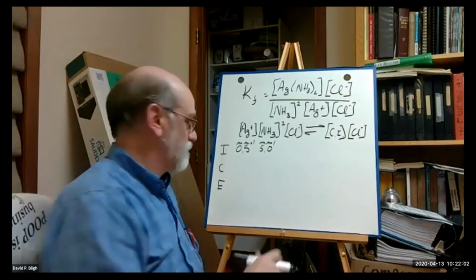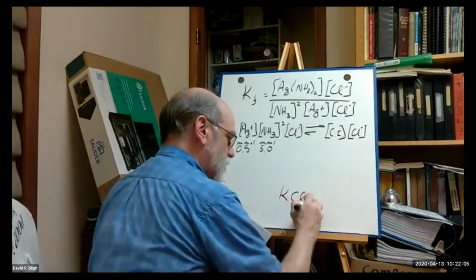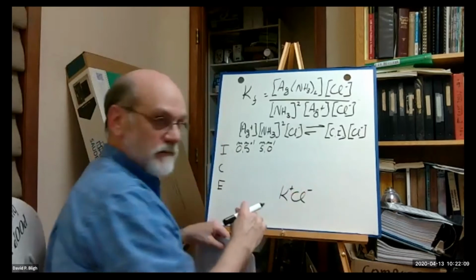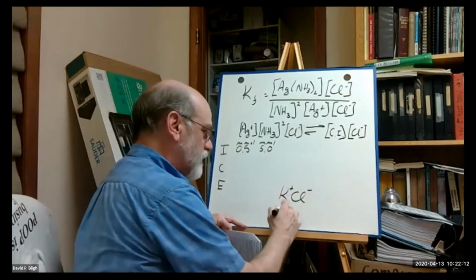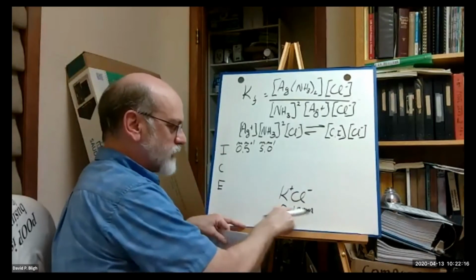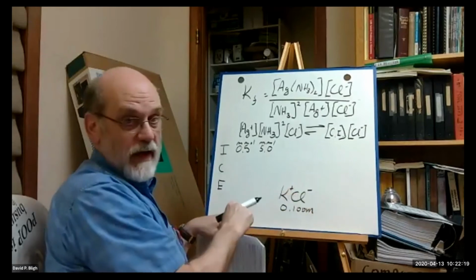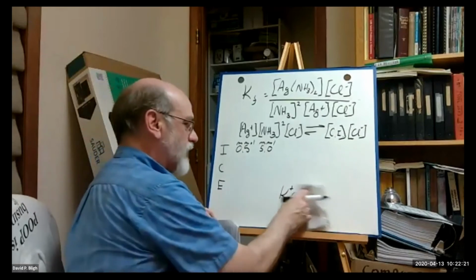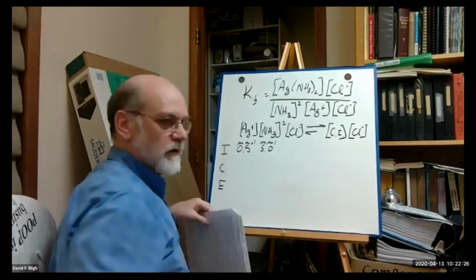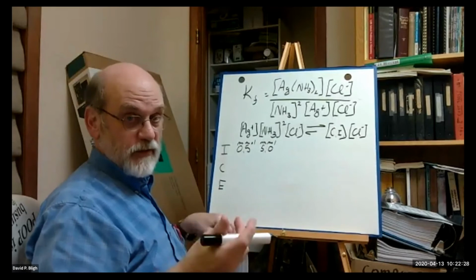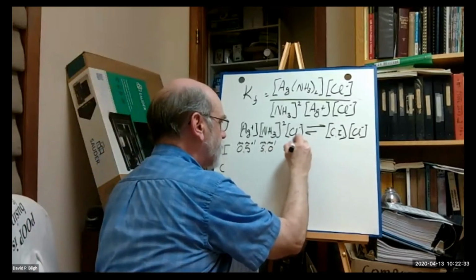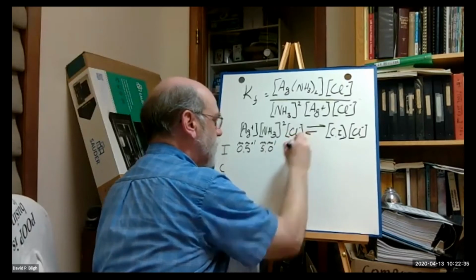So since this breaks up into that and that, if we have a 0.1 molar solution of that, we also have 0.1 molar solution of chloride, right? So the chloride ion is 0.1 times what volume? 1 milliliter. So it's 0.1 millimole. That's what we start with.